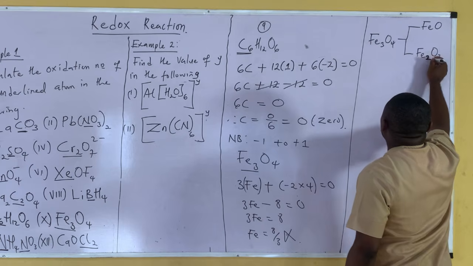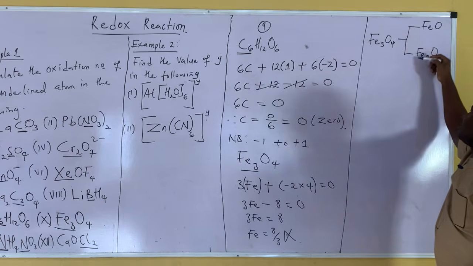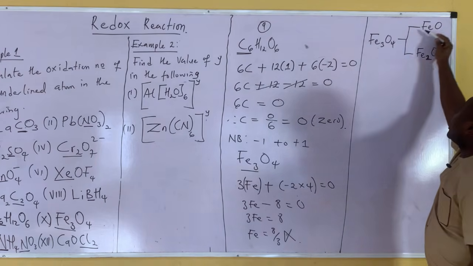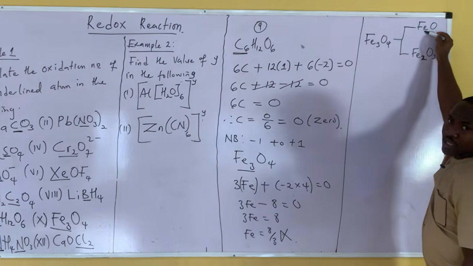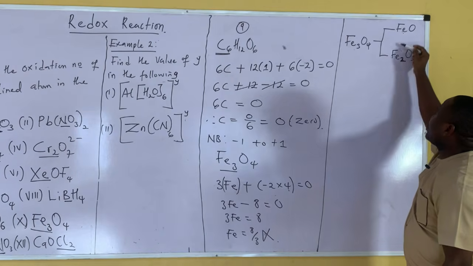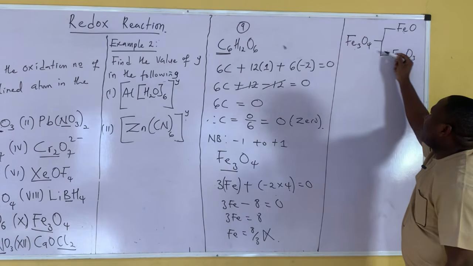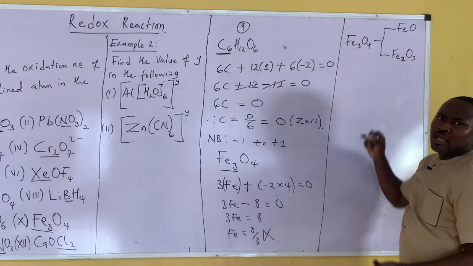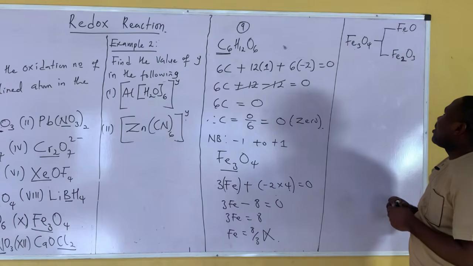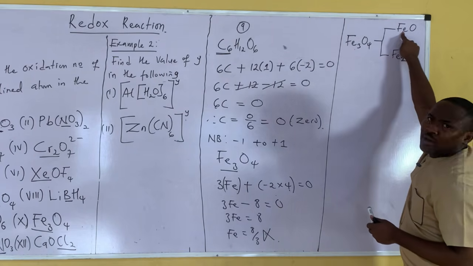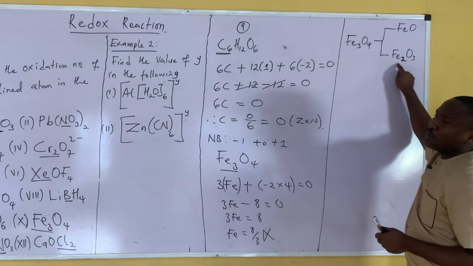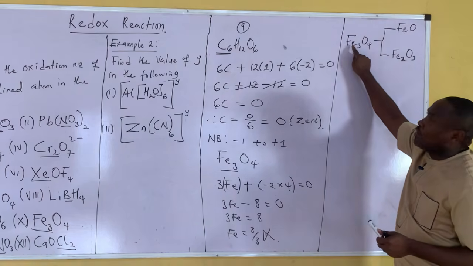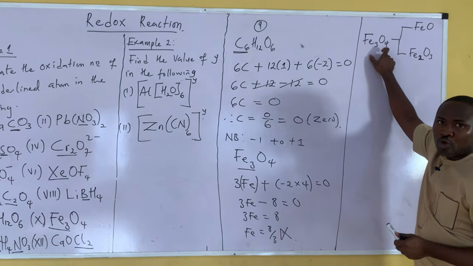So it means that iron is existing in this compound in two different compounds. So I have it here and I have it here. It's a combination of these two that gives us this. Now the question is, what is the oxidation number of iron here and the oxidation number of iron here? That's what I will give to the iron in this compound.